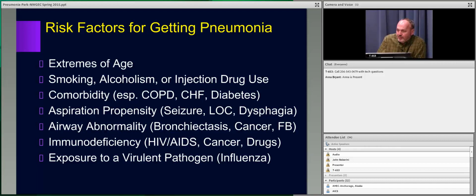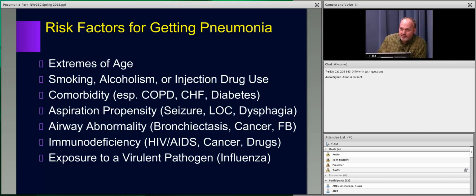If you have an immunodeficiency systemically, such as HIV or cancer, or immunosuppressant drugs like steroids. And finally, if you just happen to be a young, healthy person minding your own business and you're exposed to a highly virulent pathogen like the influenza virus, it can knock you out.